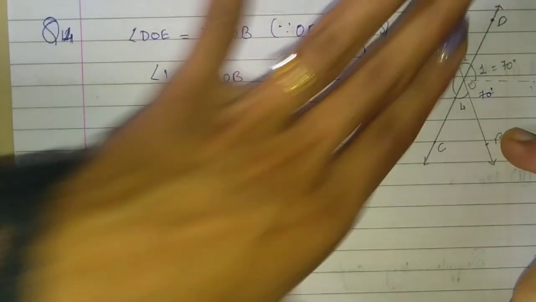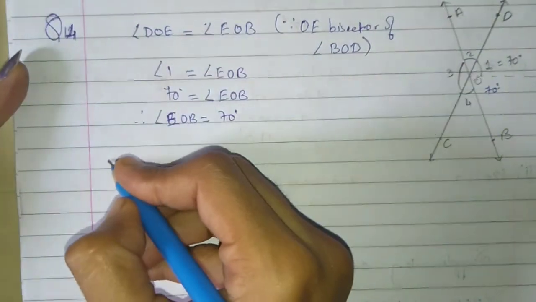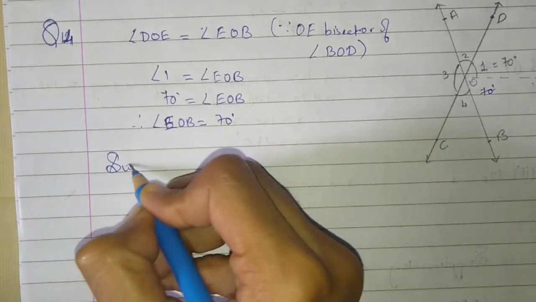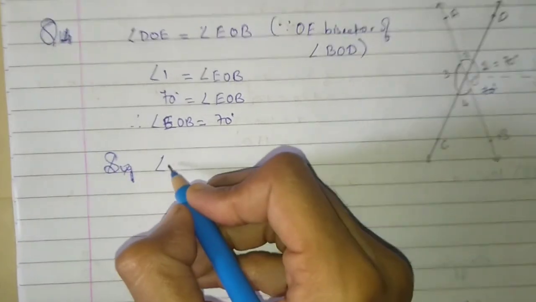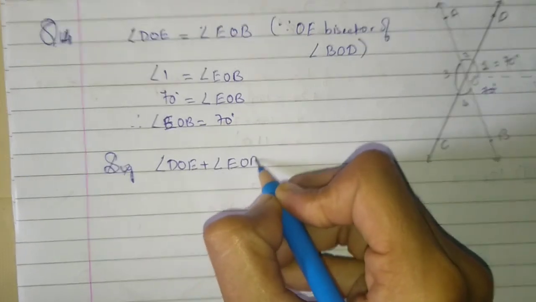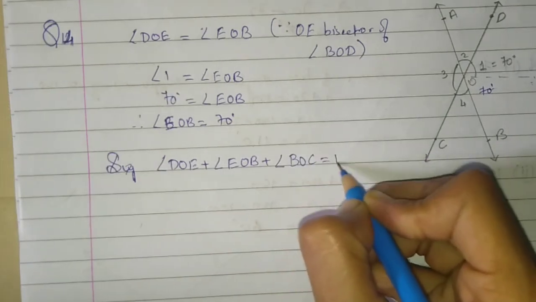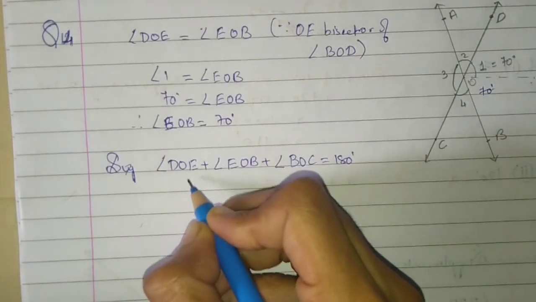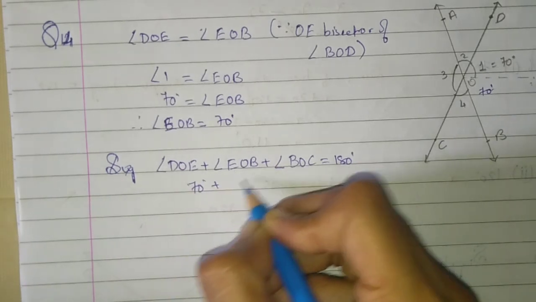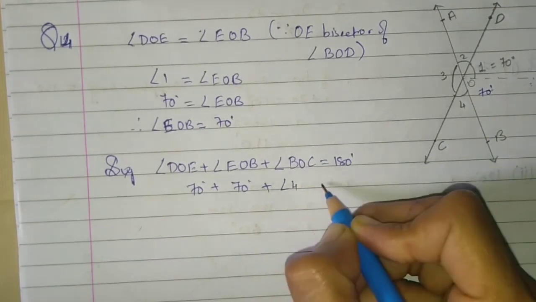Now these two angles we know, and we can find angle 4 because they are supplementary. So we can write angle DOE plus angle EOB plus angle BOC equal to 180. Now DOE is 70, angle EOB is also 70, plus BOC, which we have to find out, that is angle 4.